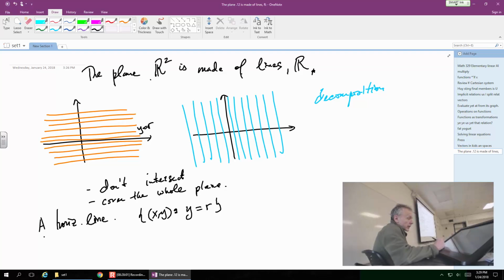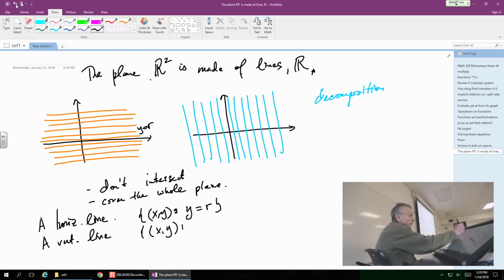And then similarly, a vertical line, xy. What is a vertical line? Let me pick a different letter. X equals s, over all real s.